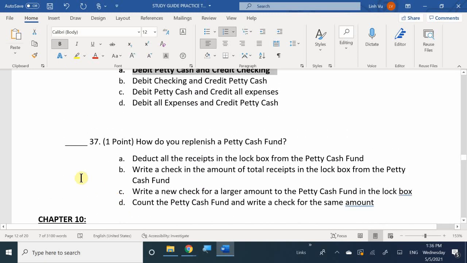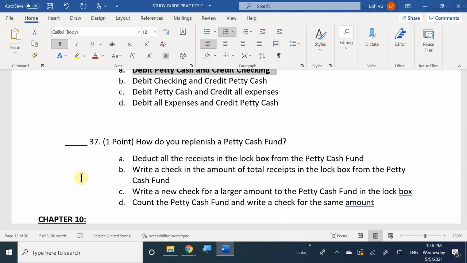Okay. Question number 37 asks, how do you replenish a petty cash fund? B. B, write a check for the amount of total receipts in the lockbox from the petty cash fund.